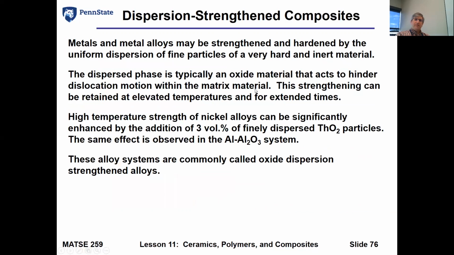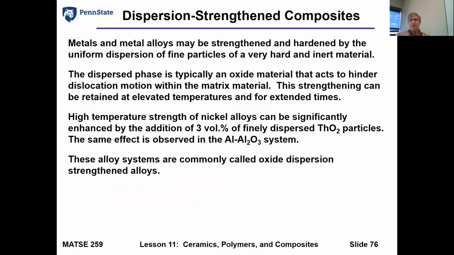Now, these are commonly used. Oxide dispersion strengthened alloys, I should say, are a class of alloy. They have been used. They're not used as much as you might think, because they're very difficult to process.